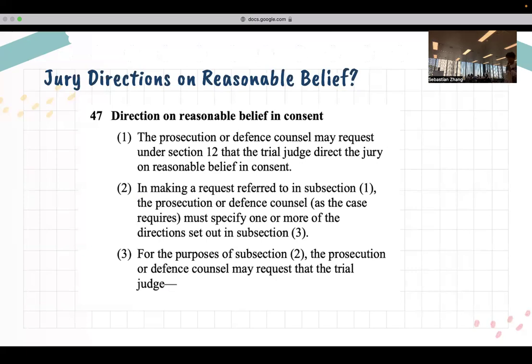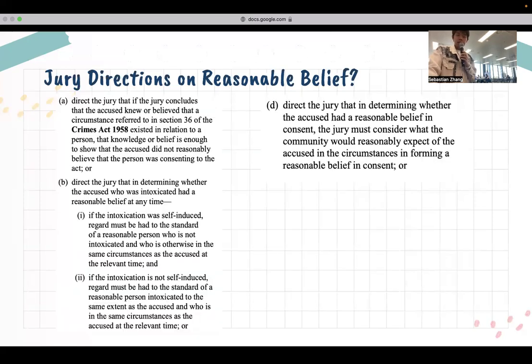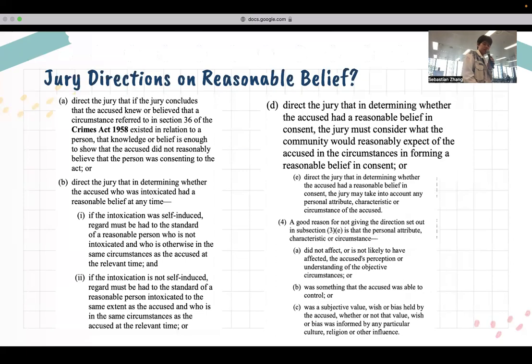But you could still argue a lot of those facts as well. These are some of the directions that could be given. I'm just going to give you guys maybe 2 minutes to read through. If you do have any questions, let me know. If not, I'm going to move on to other offenses.